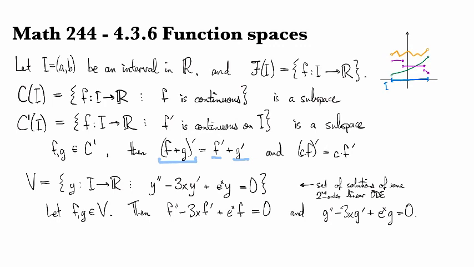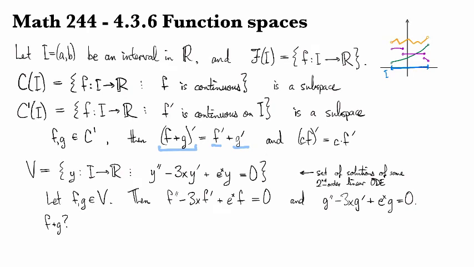Okay, so what about f plus g? Well, let's see. If I'm going to figure out whether or not this is in there, then I'm going to have to substitute f plus g into this equation. So remember, I'm in V if I satisfy this.